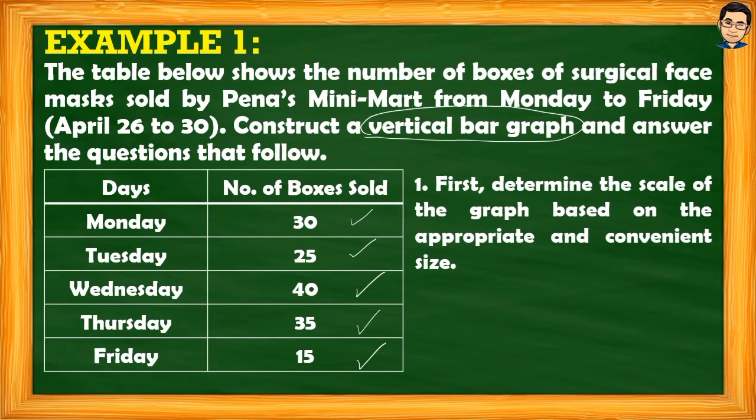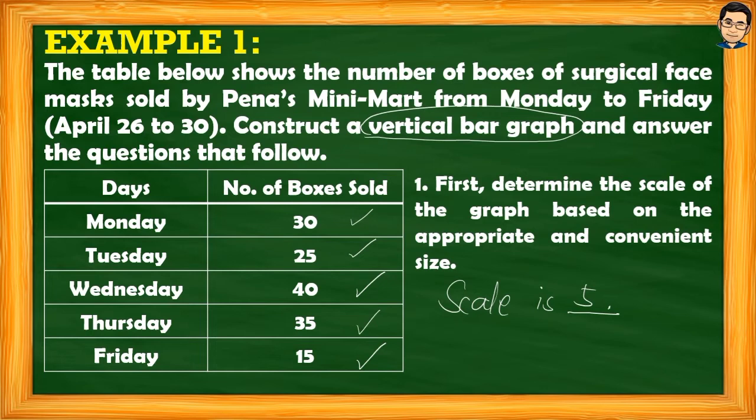So, pwede natin gamitin dyan is scale is 5. Okay, so by 5 tayo maglalagay ng scale. Okay, yung mga numbers. Hindi kasi pwede dyan yung 1. Kasi kung lalagay natin yung 1 and then yung pinakamataas is 40, masyadong malaki naman yun. Malaking agwat.